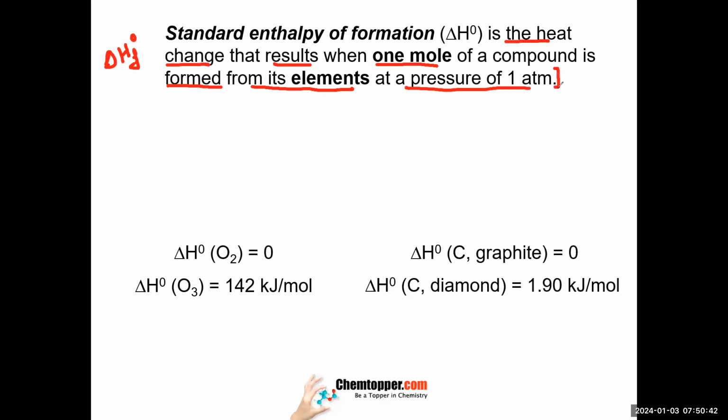These are standard conditions. So the definition is saying that you are going to make 1 mole of the compound from its elements. The amount of energy change during this reaction is called delta H naught formation of the compound.